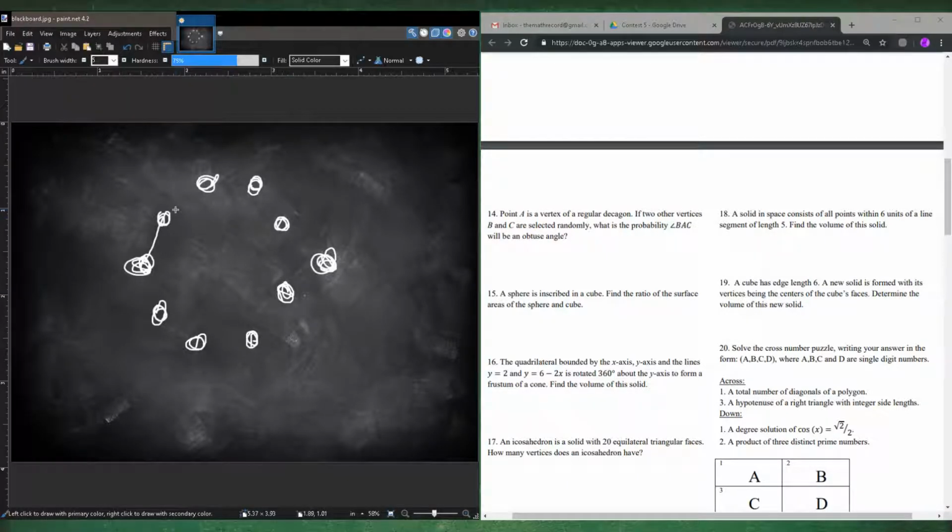Let's say I have a line between all these points. Sorry that it doesn't look like a perfect decagon, but the point is that it has 10 sides. Now imagine that there's a circle that goes through all the vertices, right? Since it's a regular decagon, there is a possible circle, which is referred to as a circumscribed circle.